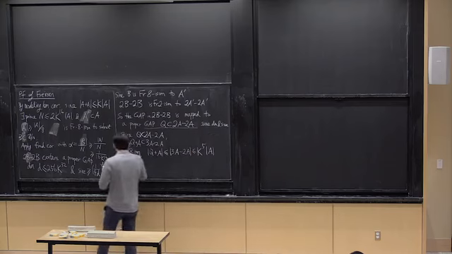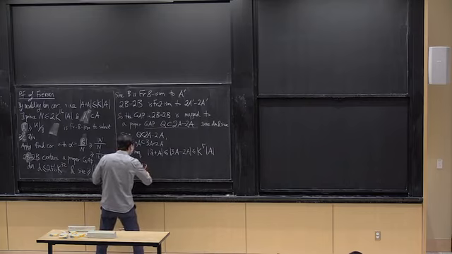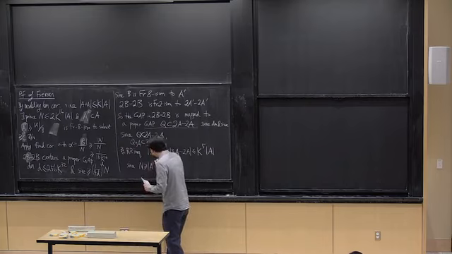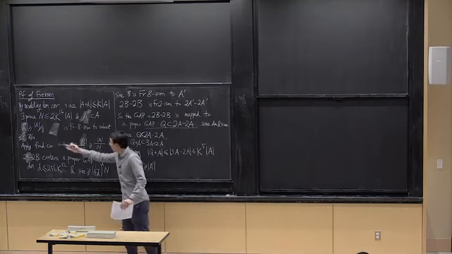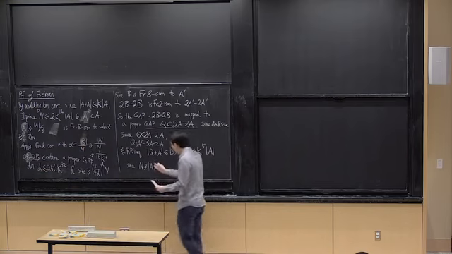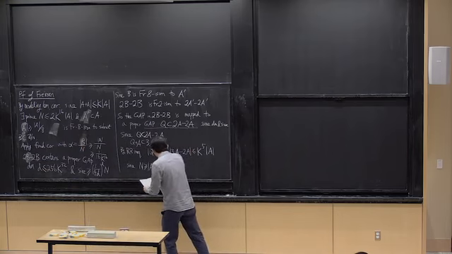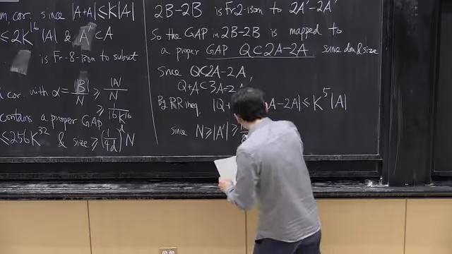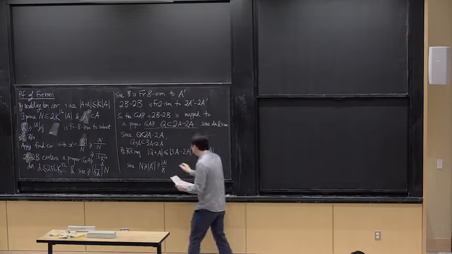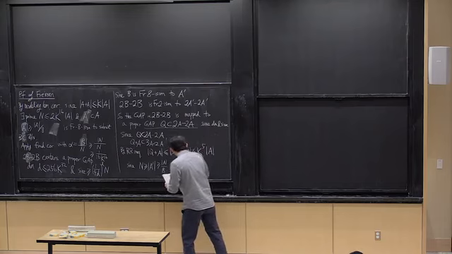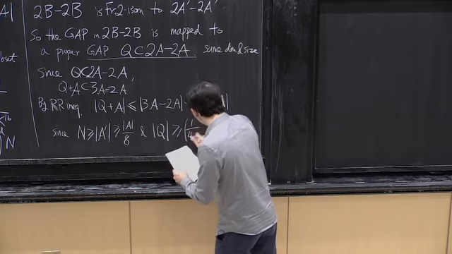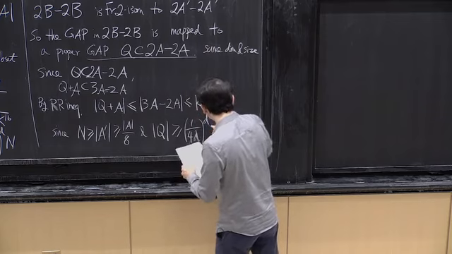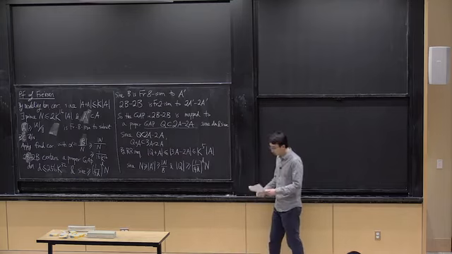So in particular, since n upper bounds the size of A prime, here where we ended up embedding into Z mod n is larger than A prime, which is at least a constant fraction of A, and the size of Q is at least 1 over 4d raised to d times n.